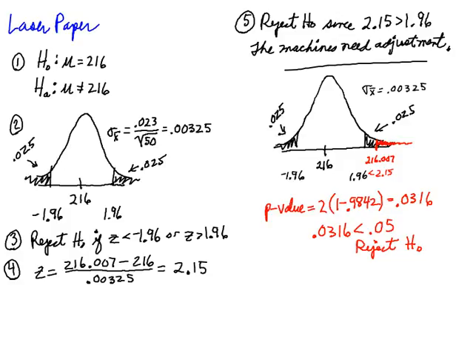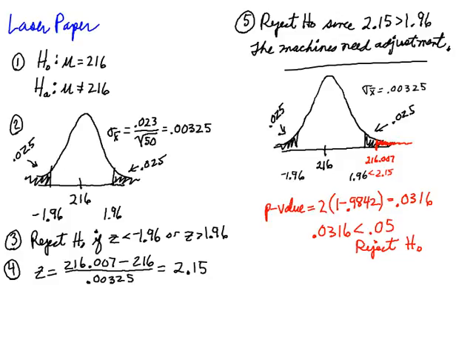Now, the whole hypothesis test here is set up so that we can avoid type 1 error. Type 1 error is rejecting the null hypothesis when it is true. In this case, the null hypothesis is saying that the machines are working well, cutting that paper on average to 216 millimeters. Type 1 error would be saying that that is wrong, but it turns out in reality it's actually right.